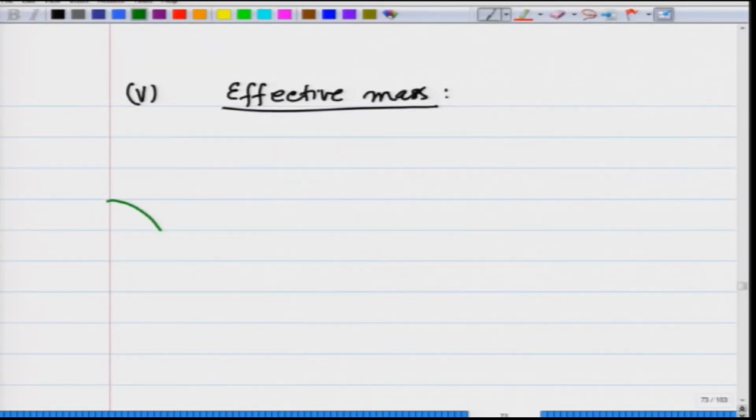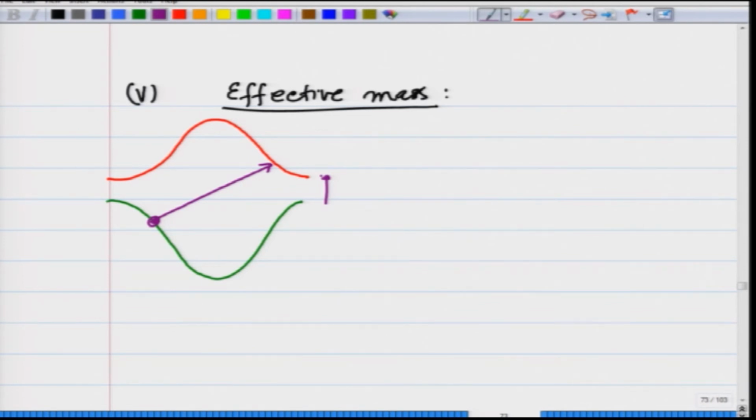I have this band of electrons which transforms to the hole band like this. K is related across and E is also related across. That means E(k) hole is equal to minus E(k) electron, and k hole is equal to minus k electron.